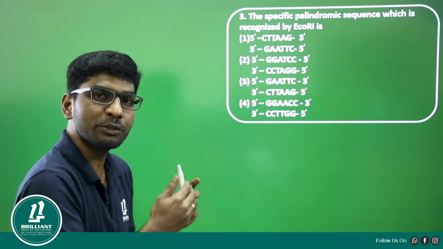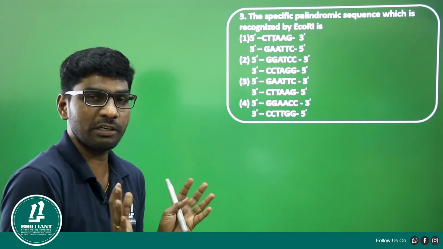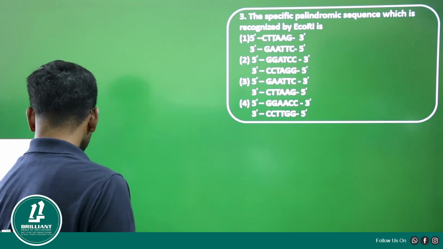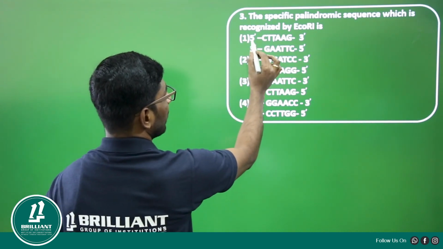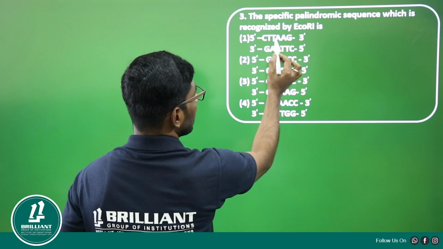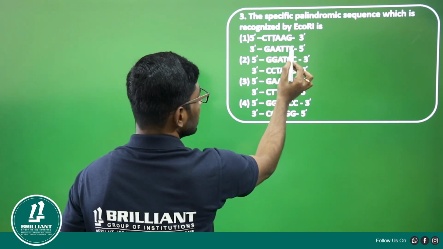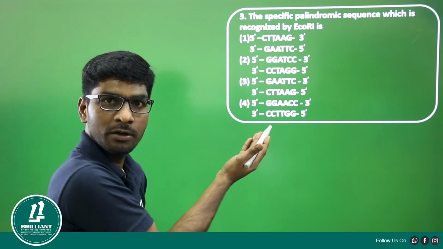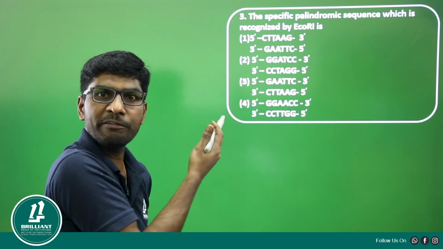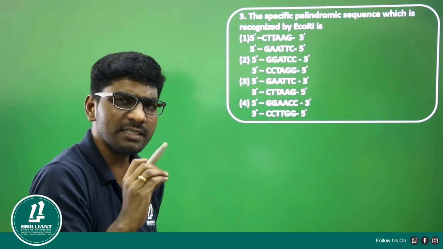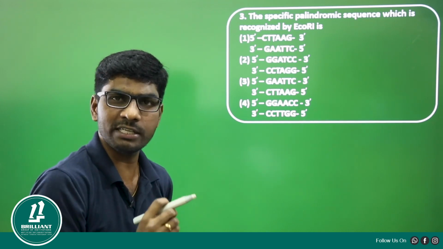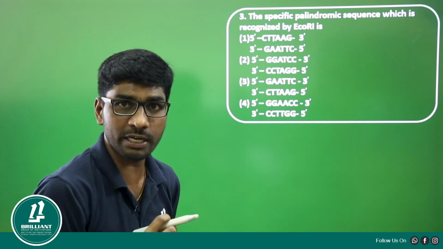All are palindromic sequences. Let me explain option number 1. Read 5' to 3': CTTAAG, right? It is a palindromic sequence. 5' to 3' and 3' to 5' is the same. But is this the site where exactly EcoR1 works? Is this the site where EcoR1 cleaves the DNA?